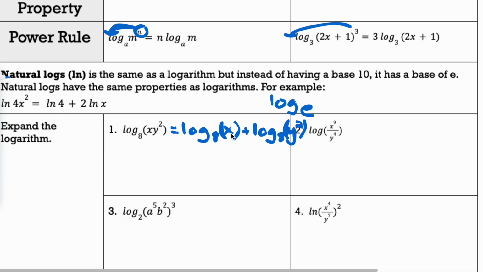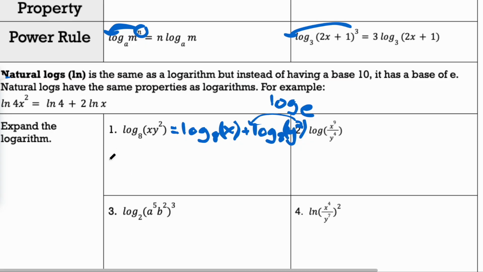Okay, so since we're multiplying on the inside, we can just add these two logarithms. Now we can go one step further, and since we have this exponent up here, we can bring that out front.